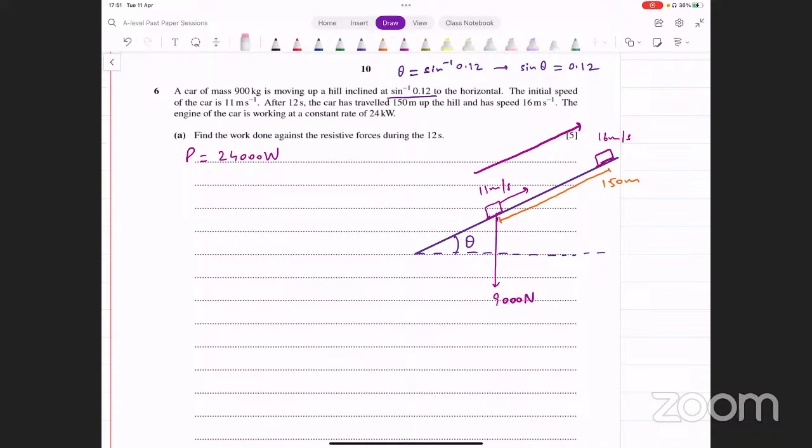So in this case you can only use the energy method.